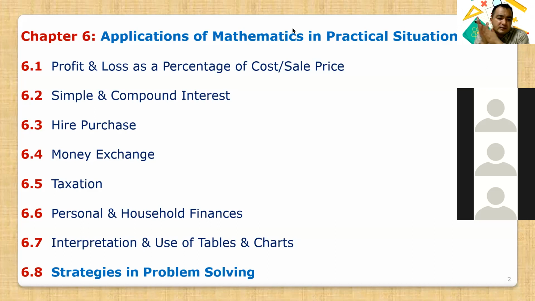So we have just started. As I told you, we have already done profit and loss as a percentage of cost and sale price, simple and compound interest, hire purchase, and money exchange. That's easy stuff. That's why I skipped this. And taxation, personal and household finances, and interpretation and use of tables and charts, we can learn later.